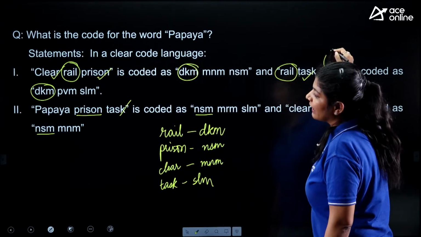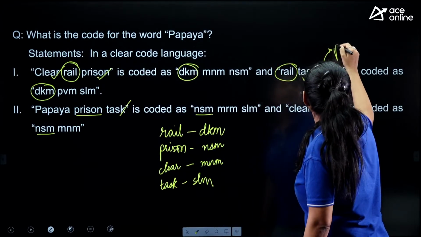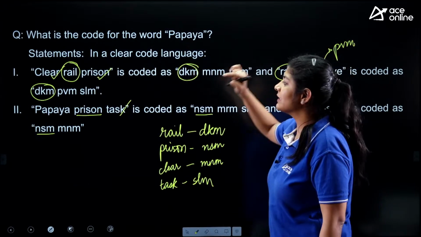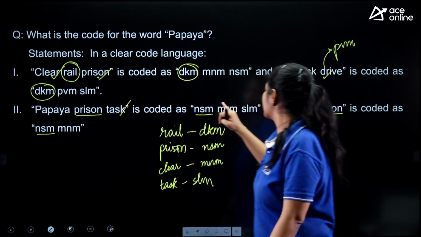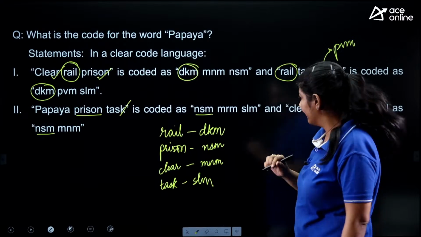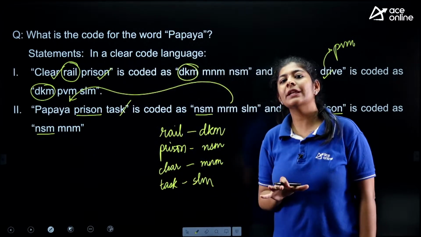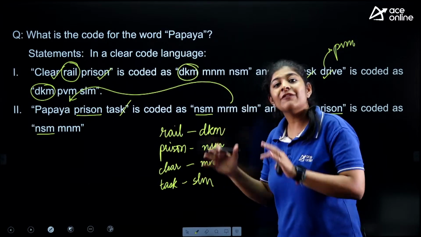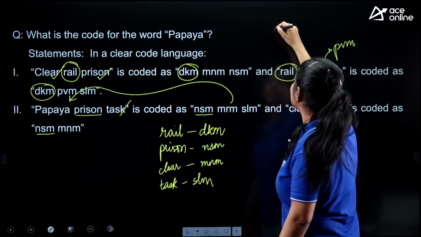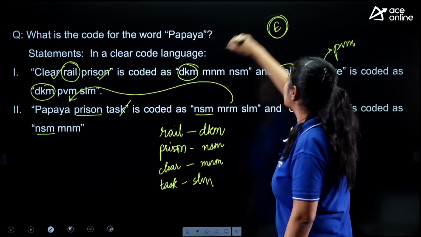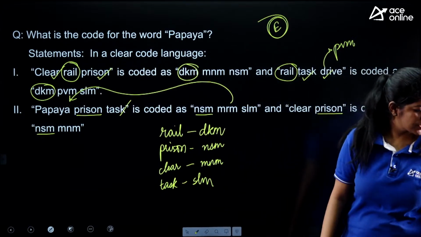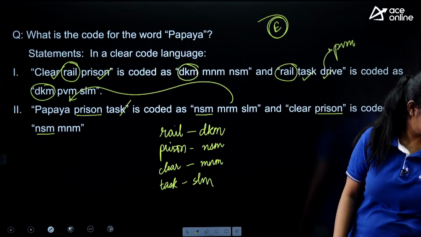For drive we have PVM, and in this one we are only left with one code, that is MRM. This is the code for papaya, but we can only get it when we merge both these statements together. That means option E is the correct one. Option E is the correct one.